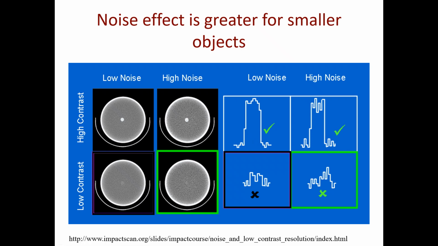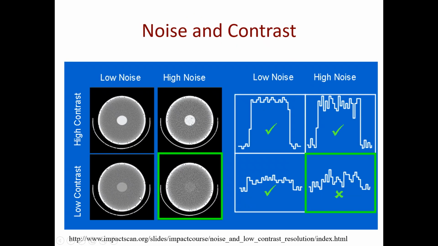This is called the point spread function, and it's due to the finite spatial resolution. So what should be a sharp edge, even if I had no noise, kind of spreads and lowers a little, and that can eat up a smaller object if the object size is within the width of that point spread. That's what's effectively happening here, even though technically it was the same object and same background as in this case.